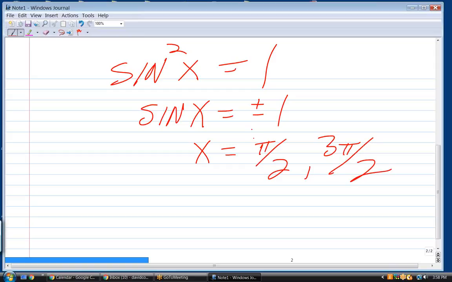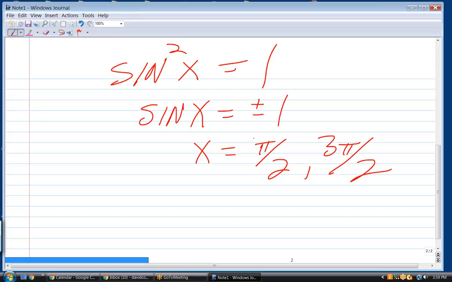So it's not like that plus or minus was just incidental. It gave you a second solution. Just always make sure when you solve an equation by taking the square root of both sides that you begin your answer with plus or minus. It's the hardest thing there is to teach my students.